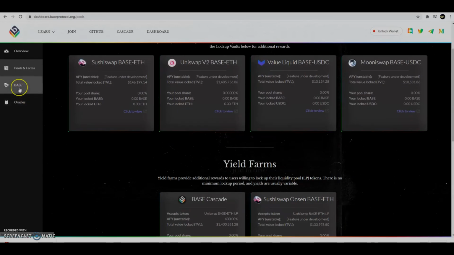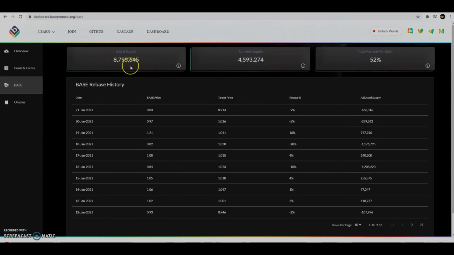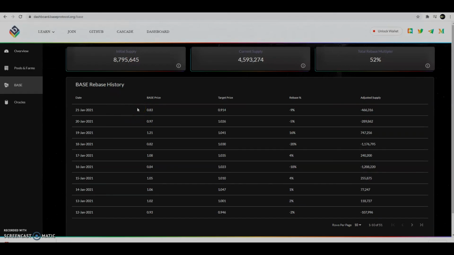Anything else? If you go to Base, guys, this is showing you the initial, the current, and the total rebase multiplier. If you were to come to this tab here, guys, they also have their previous rebase history, which shows you what the price was at during the time of rebase, what the target price was, and what the rebase percentage was, in minus or positive territory.